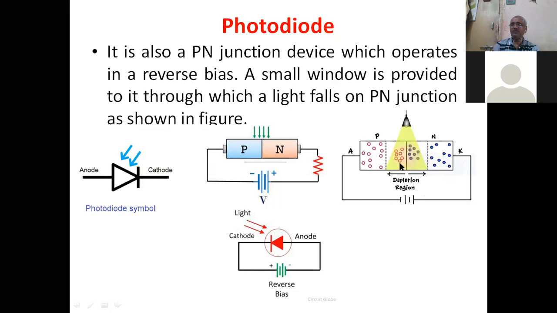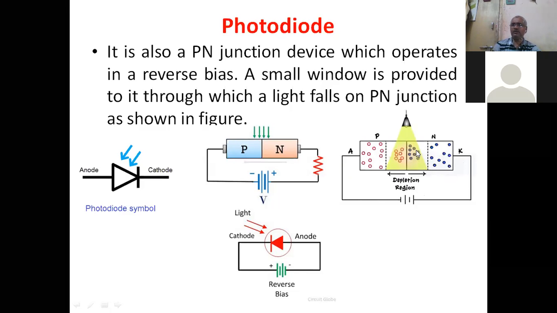And you know what the depletion layer is? The depletion layer contains no free charge carriers. It contains only immobile ions, positive ions and negative ions. In the P region there are negative ions, and in the N region there are positive ions.